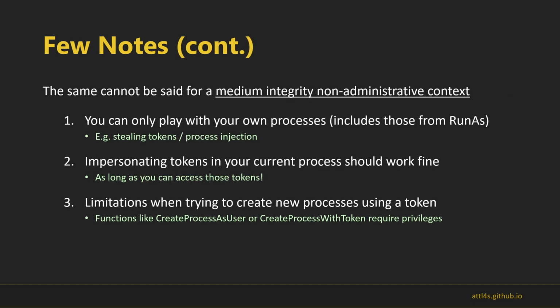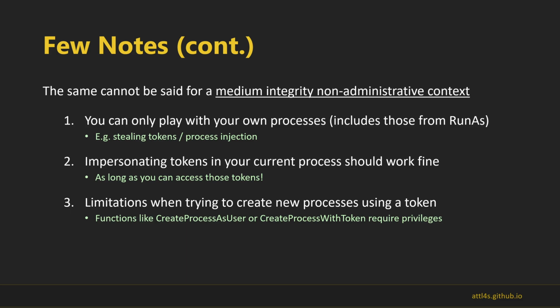But if you have a low privilege context, a medium integrity context, you are not going to be able to do all the previous stuff. You can only play with your own stuff, with your own processes and your own tokens.